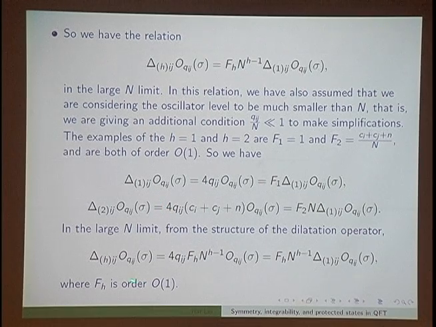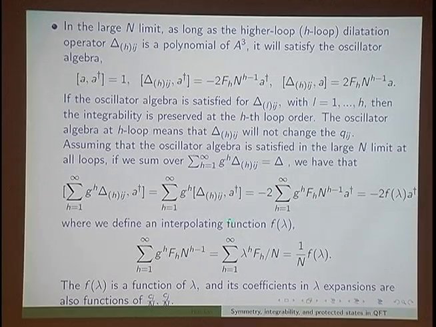And the eigenvalue of the two-loop, like the one-loop, is proportional to this, and the higher loops are also proportional to this. It also grows with the number of n's. And then one can sum the higher-loop dilatation generators into a single dilatation operator, and sum these coefficients into an interpolating function, which is a general function of lambda.